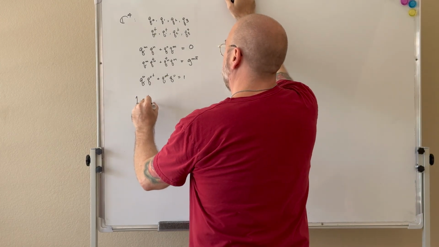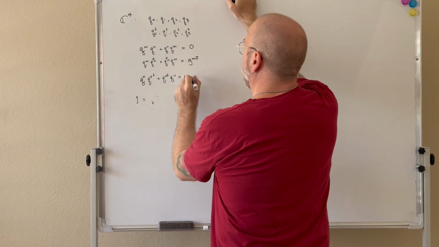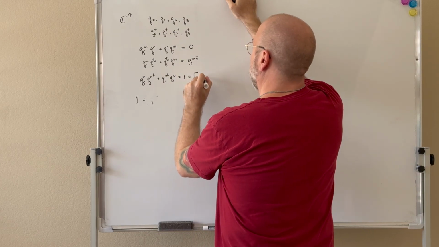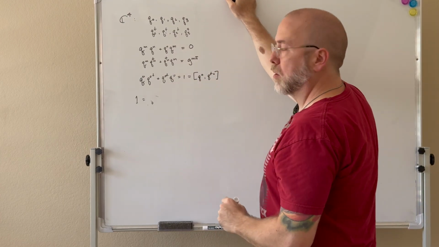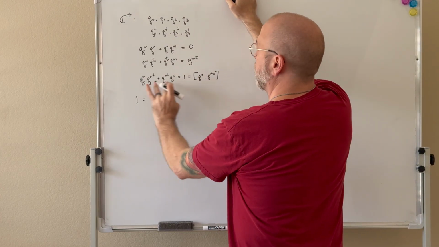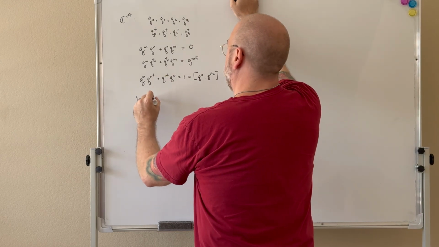1 is equal to, and I'm going to use this notation, okay? Because again, we're lazy. Okay. This represents that. The curly brace will have a minus sign in it. We're familiar with that, I hope.